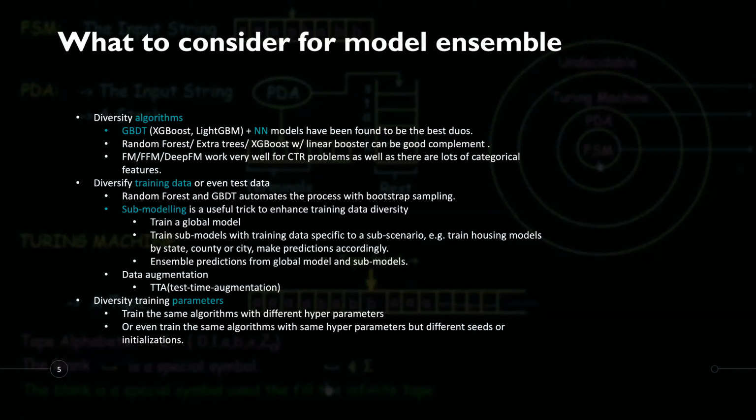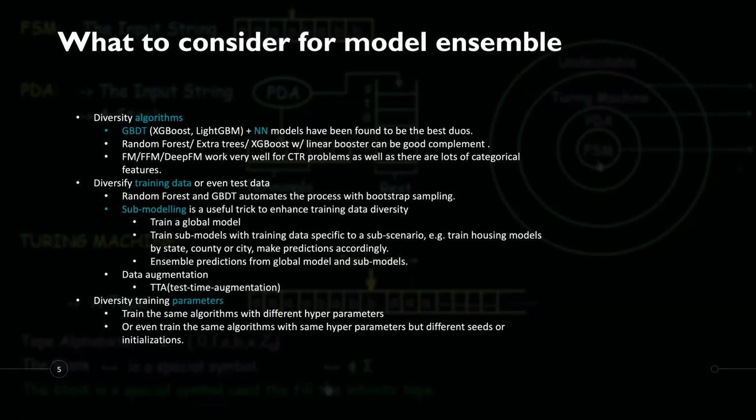But if we would like to make it better, we can include random forest, XGBoost with the linear boosters, or FFM, DeepFM, those kinds of algorithms in the ensemble solution. These are the effective choices for considering what models to include in your ensemble. So that's how we want to diversify algorithms.